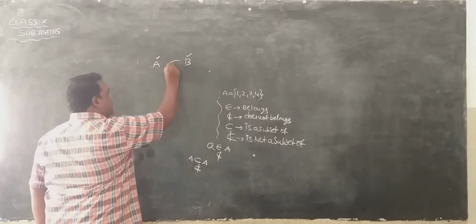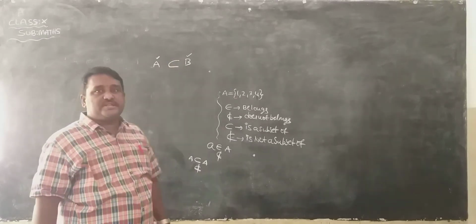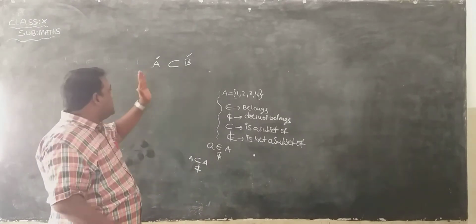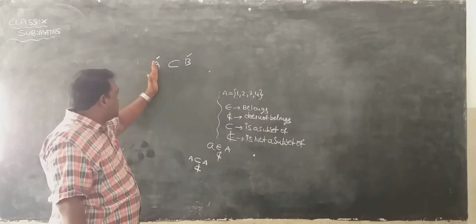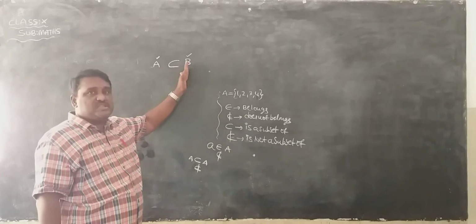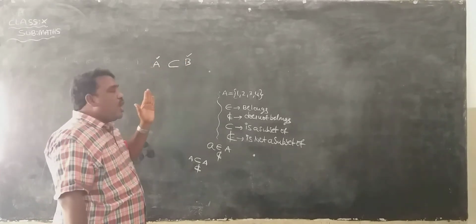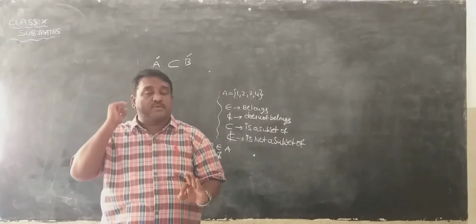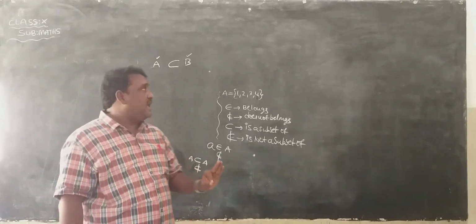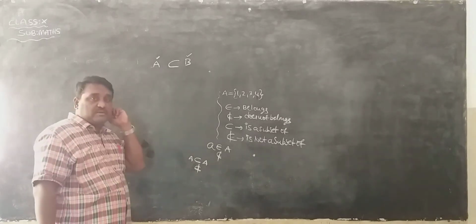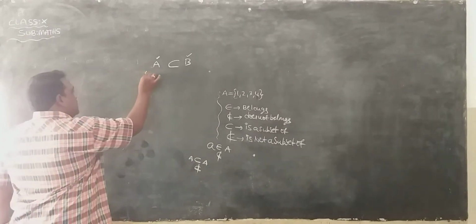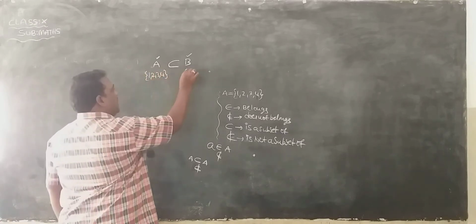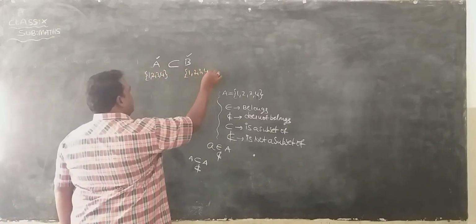This is the symbol for subset, you know. How to read it? A is a subset of B. What is the meaning of A is a subset of B? A is small, B is big. All the elements of A are in B and B contains at least one element more than A. Suppose A contains 1, 2, 3, 4 and B contains 1, 2, 3, 4, 5.